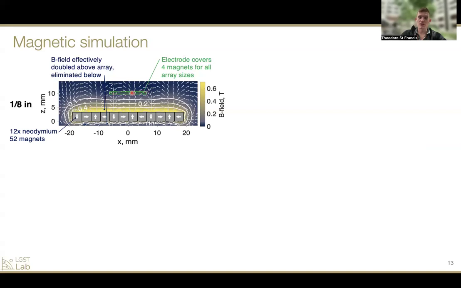The electrode is shown here in green, and this is as close as the electrode can get given the experimental setup. And you'll notice that some of the vectors are pointing out of the array, some to the right, left, and down.